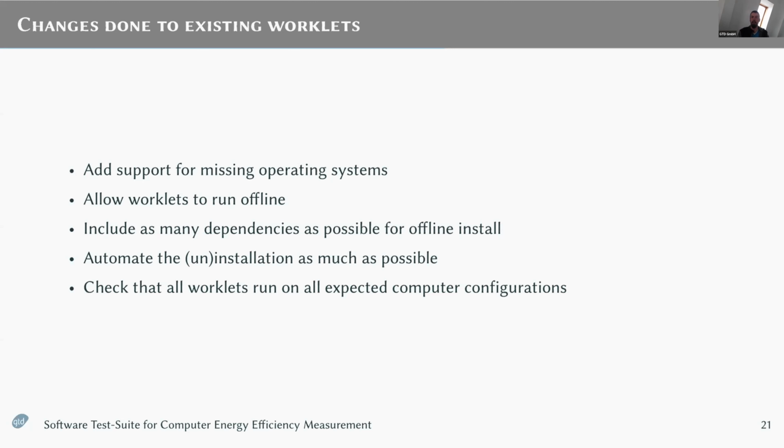Some of the worklets were only made to run on Linux, as the Phoronix Test Suite comes from the Linux space. Although the software would be available for Windows, it was never run on Windows, so we had to add support for that. Some of the worklets weren't able to run offline. For example, our browser benchmark, which we have included, was modified to run locally.